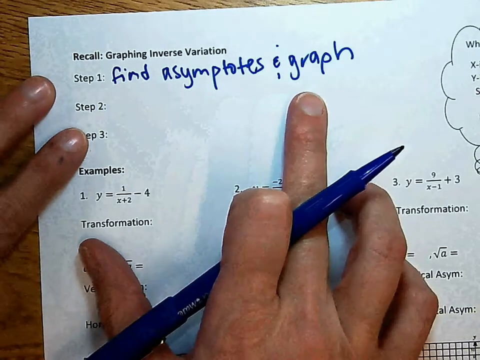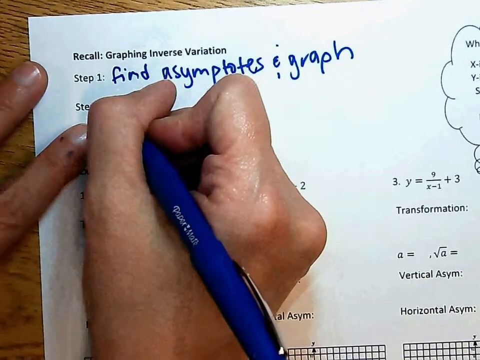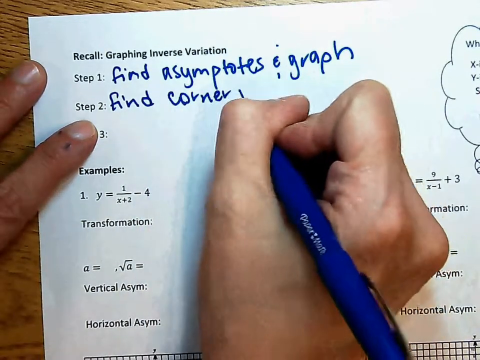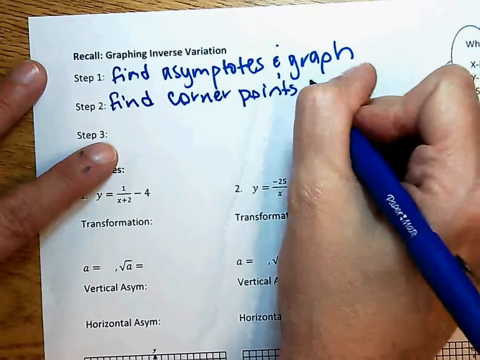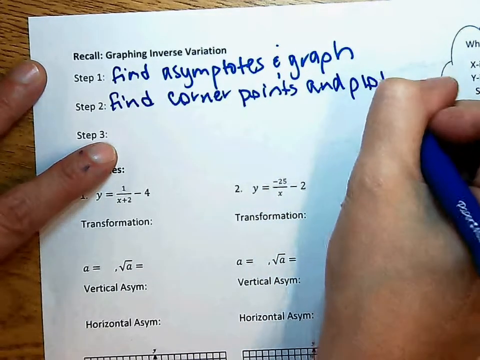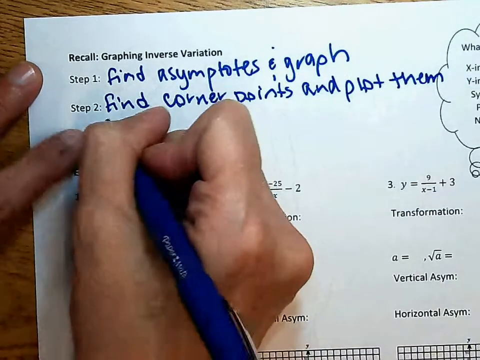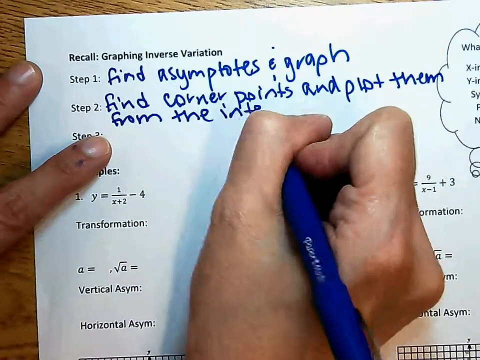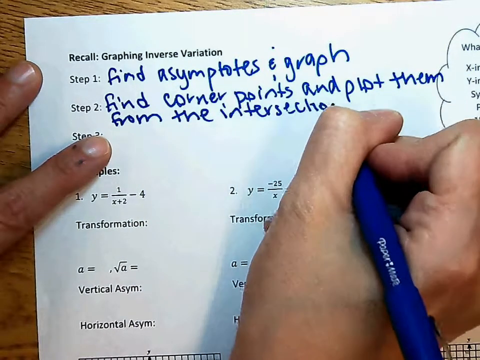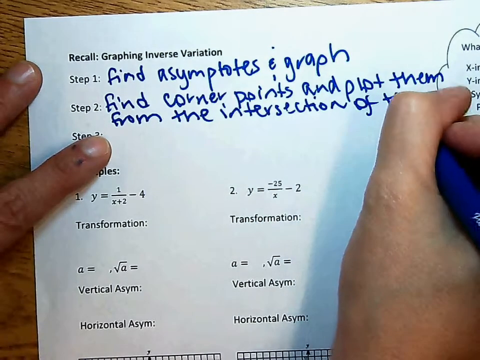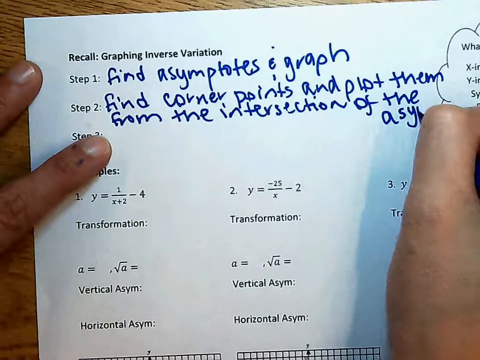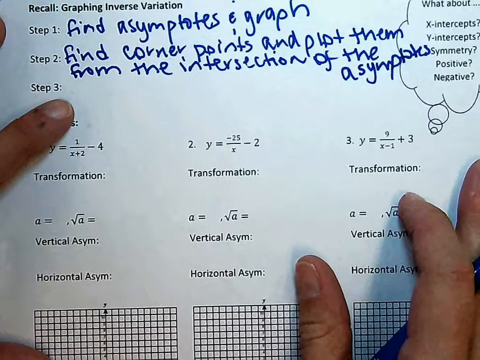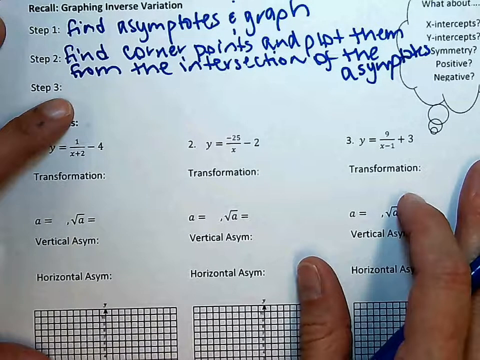Step 2, you are going to find corner points and plot them from the intersection of the asymptotes.